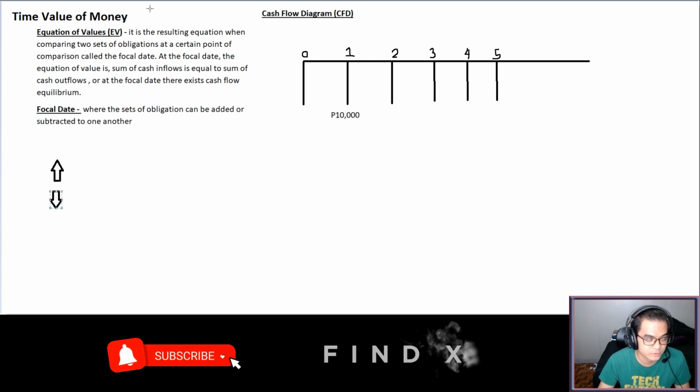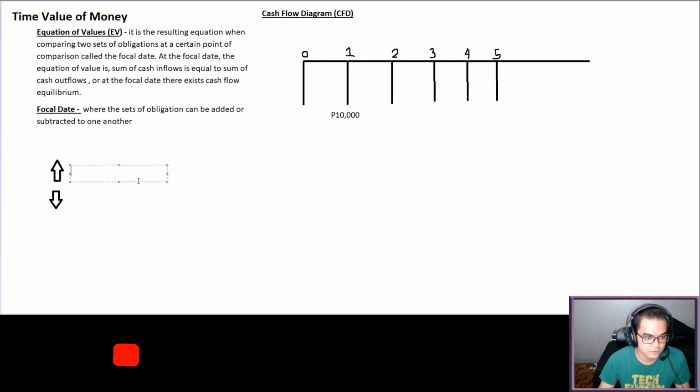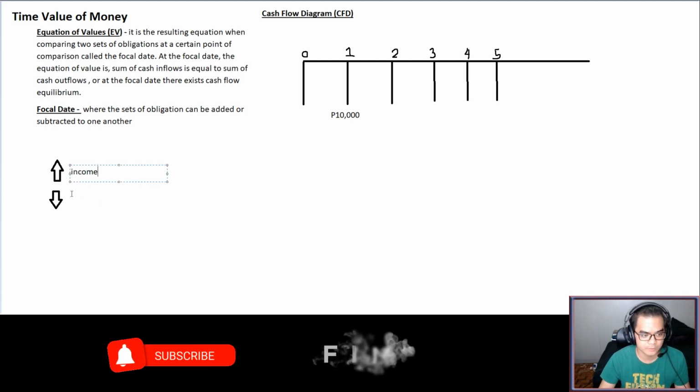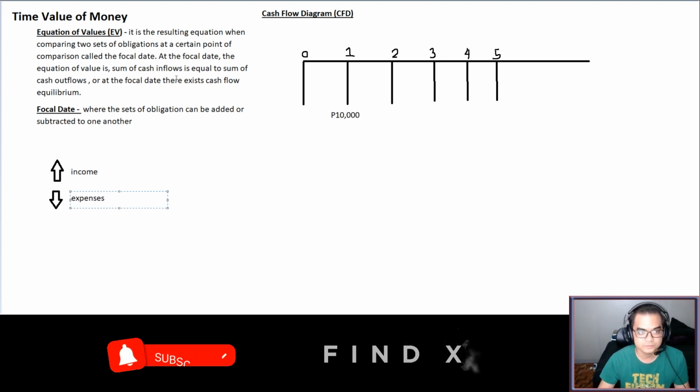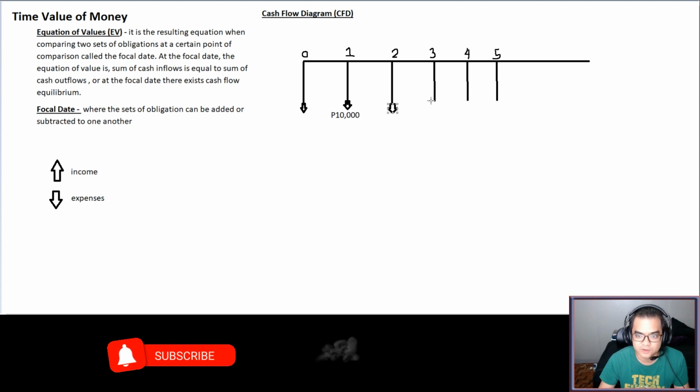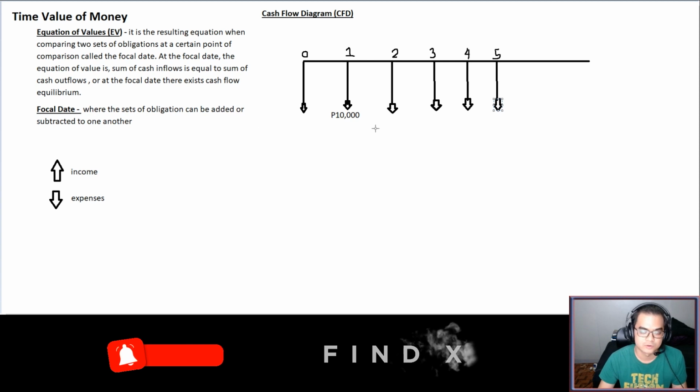I think I got it backwards. Anyways, this is my income, all going up, and this will be my expenses. Let's put some arrows here so you can see that these are all expenses. So we have here an expense of 10,000.